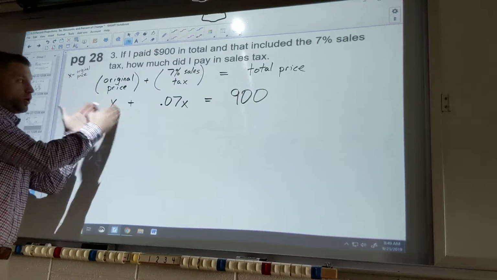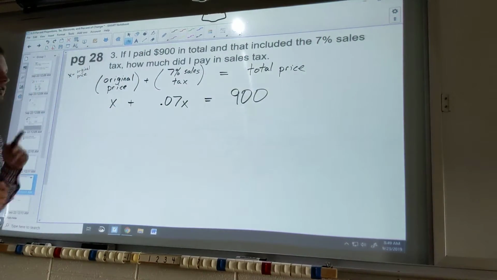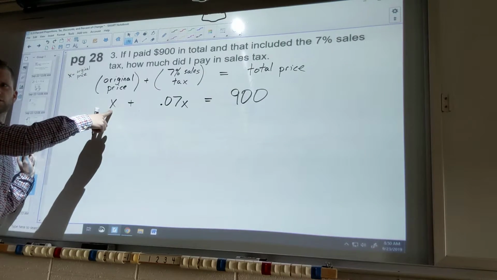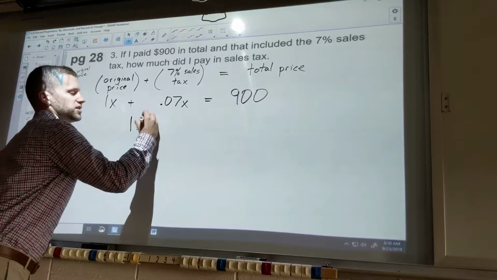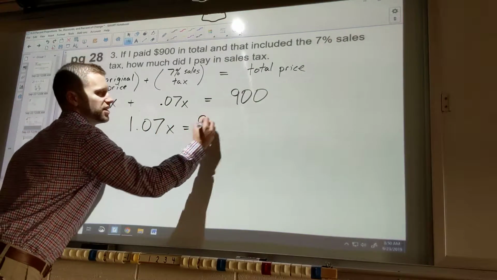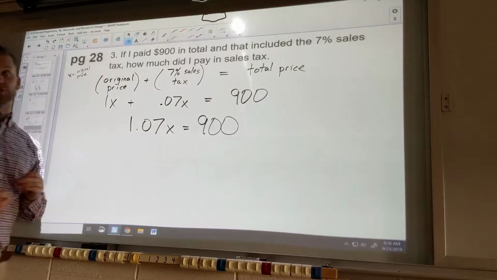It's taken by multiplying the original price. So let's finish writing up this equation. If we combine like terms here, how many x's is this? 1. So 1x plus 0.07x is equal to what? 1.07x equals 900.